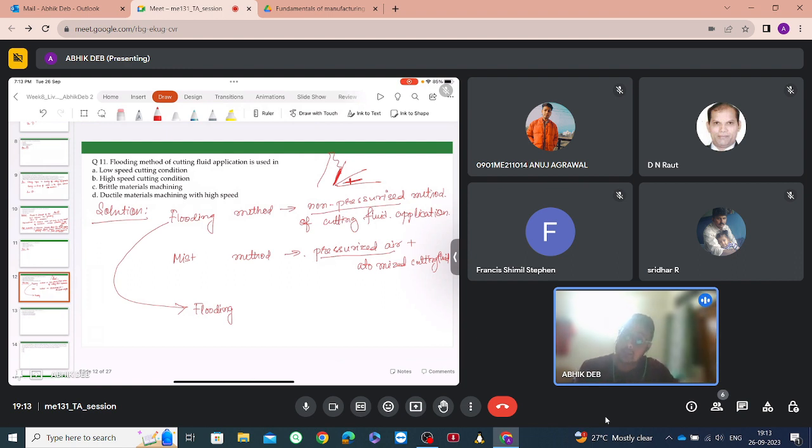High temperatures are also attained during high speed cutting conditions. So if you want heat removal to be facilitated, then you can use the mist method. But the flooding method does not necessarily mean that there is a flood of lubricants. It is a non-pressurized application of cutting fluid, a natural flow of the cutting fluid into the cutting zone.